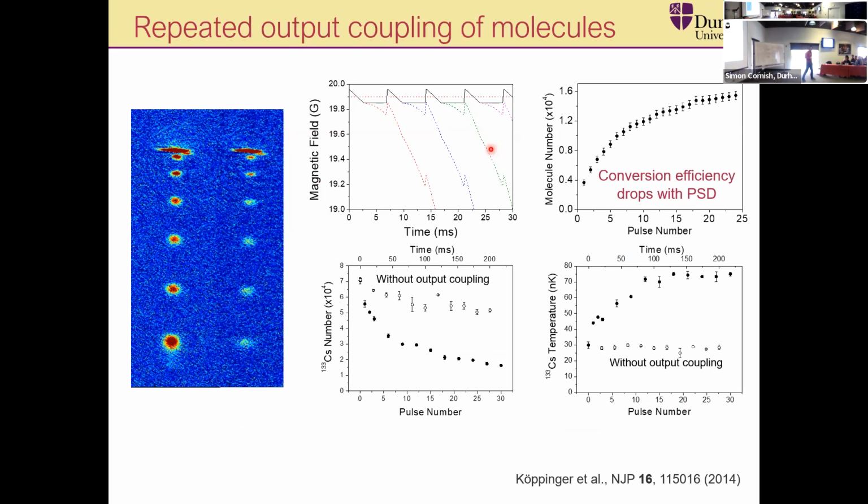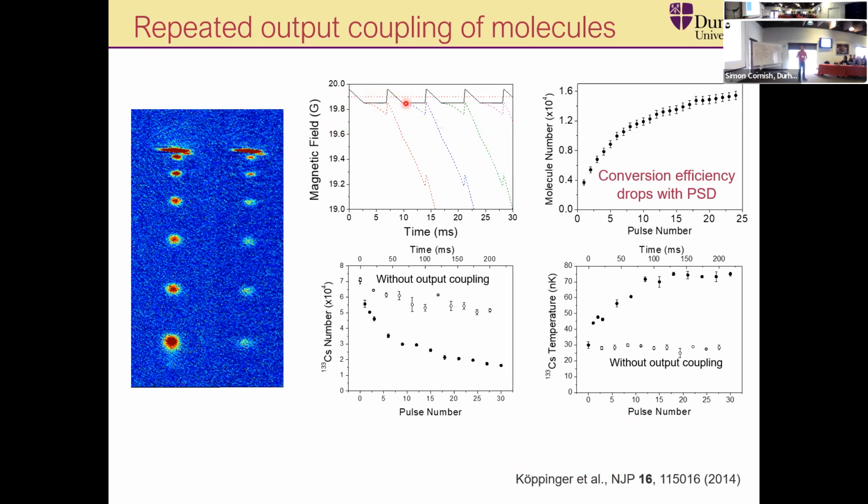You can play lots of games with these Feshbach resonances and the fact that the molecules are falling. This is something that a student played with. We never called it this, but this is our pulsed molecule laser. What we did here was sweep across the resonance, and then the molecule follows this dashed line. This is magnetic field versus time. The molecule's falling to these lower fields, so when it falls, we can jump back across the resonance and sweep again.